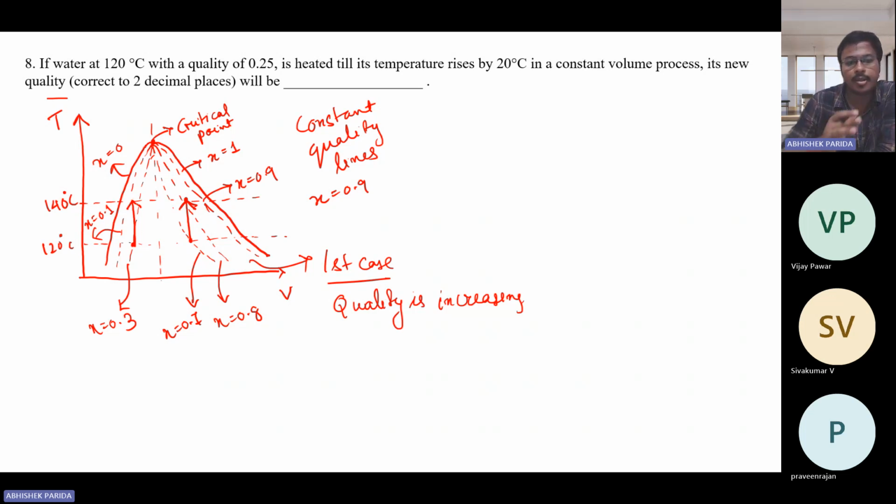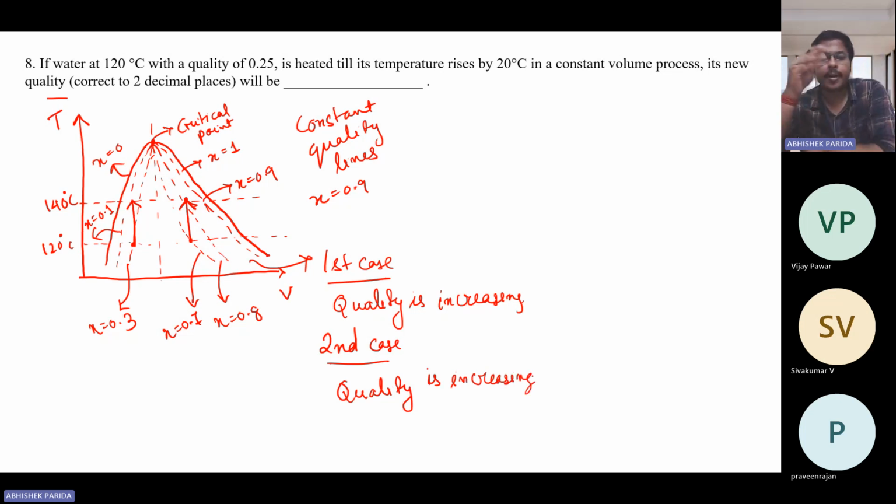Now you tell me whether the quality is increasing or decreasing. Decreasing, sir. Correct. This is the second case, quality is decreasing. Now, what is the basic difference between both of these positions? What happened that suddenly, while heating, the quality is reducing?